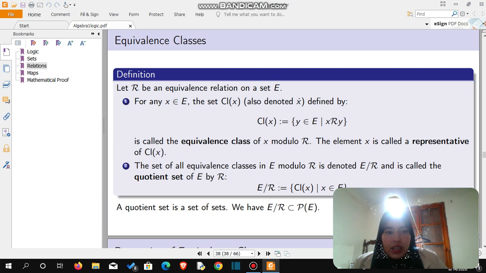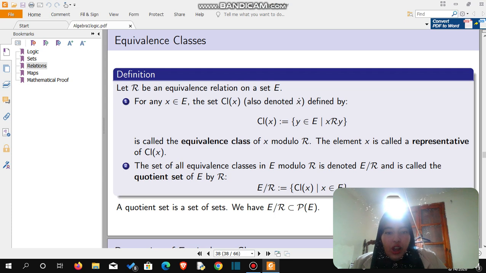Equivalence classes. Let R be an equivalence relation on a set E. For any x in E, the set cl(x), defined by cl(x) equals the set of y in E such that x is in relation with y, is called the equivalence class of x modulo R. The element x is called a representative of the class of x.